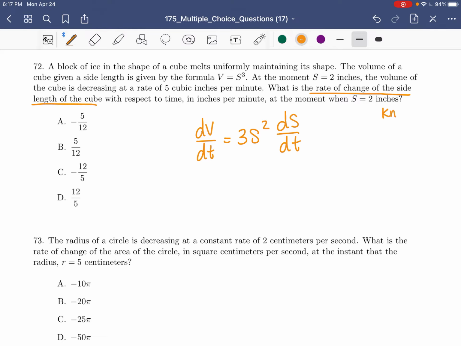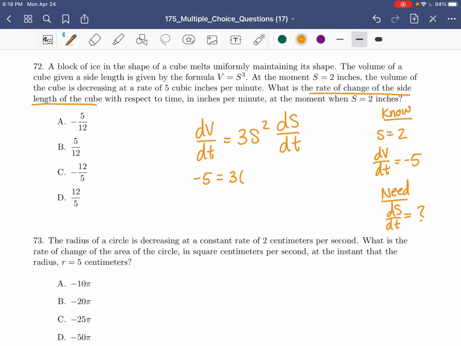So it tells me a bunch of things. The things that I know is that s equals 2. The volume is decreasing, so dV/dt equals -5. And then I need ds/dt. So all I have to do is plug in everything that I know.